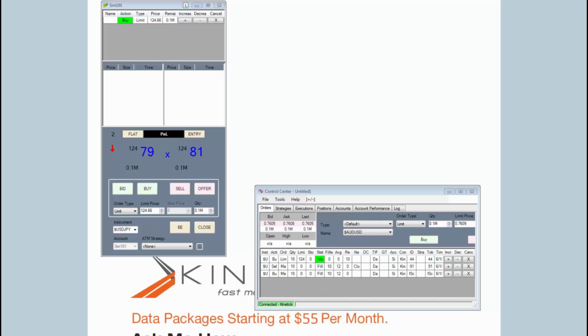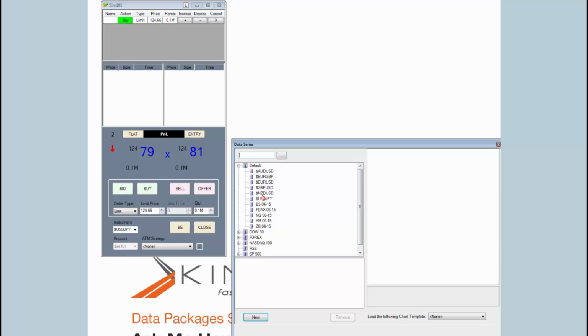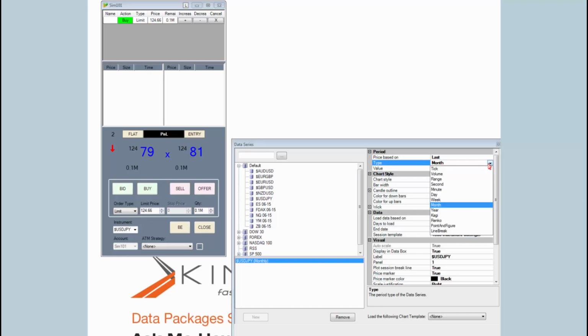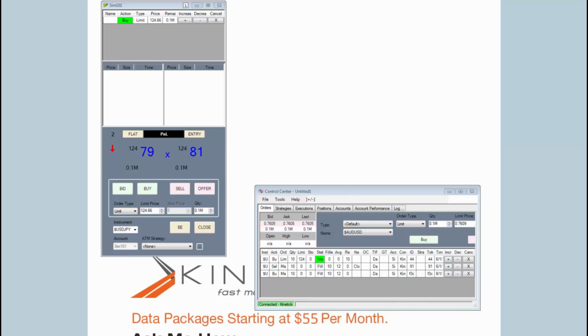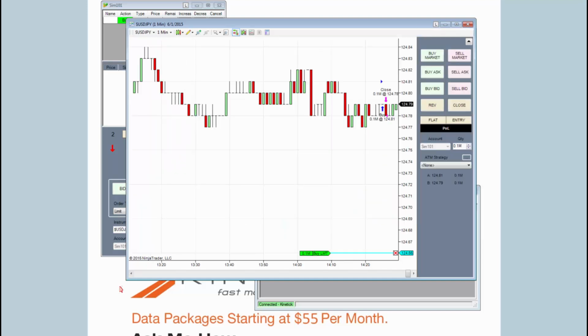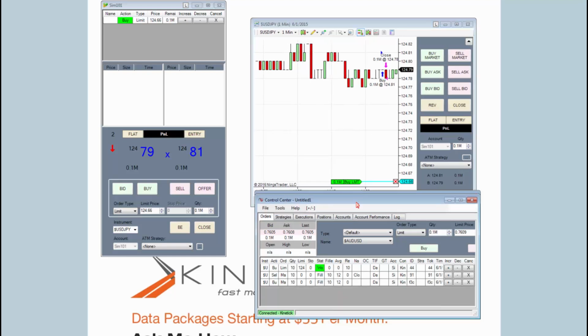Now, to demonstrate this even further, I'd like to open a chart really quick of the dollar-yen. Let's just open a 1-minute chart here. We'll enable Chart Trader. And now we can see this limit order that we've placed way under the market there.